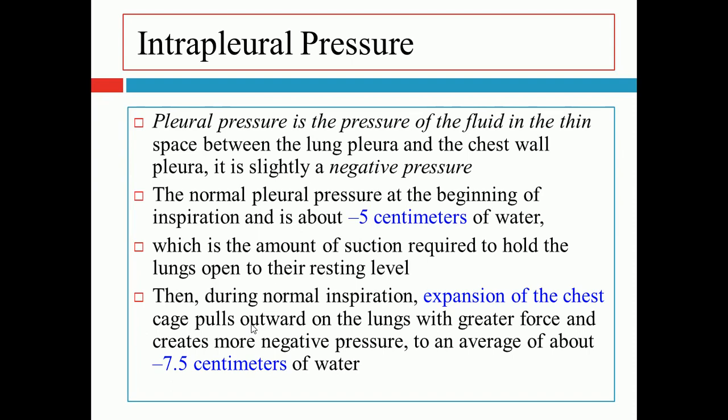That pressure is called intrapleural pressure, and that pressure is due to fluid, because to minimize the friction, there is a fluid inside the pleural cavity. So pleural pressure is the pressure of the fluid in the thin space between the lung pleura and the chest wall pleura.